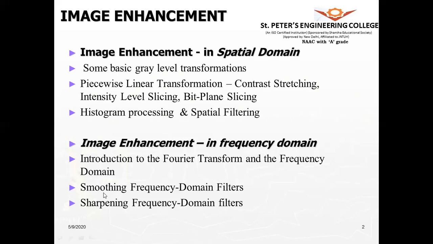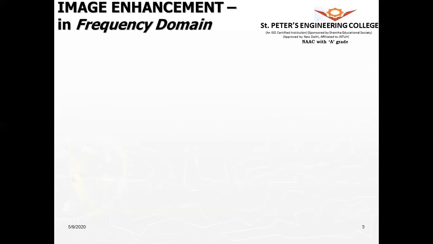So here, when we say smoothing, it involves low pass filtering and sharpening involves high pass filtering, similar to what we had done in the spatial domain. Let's get started.